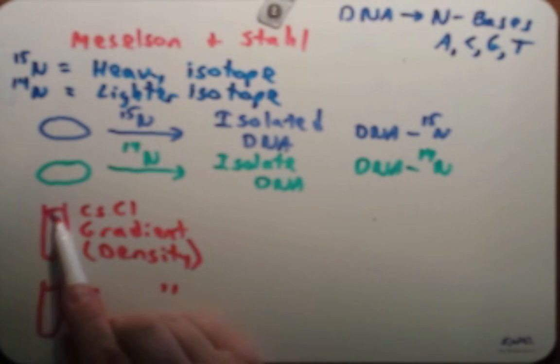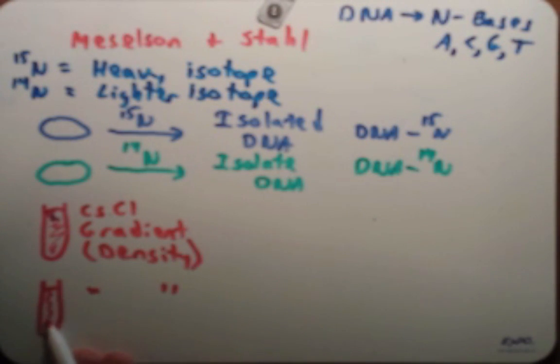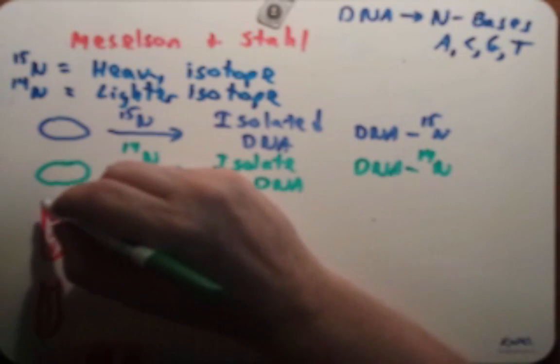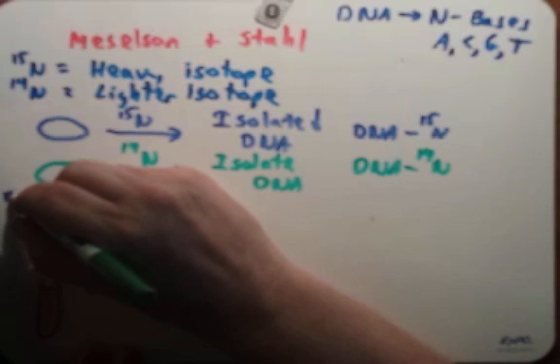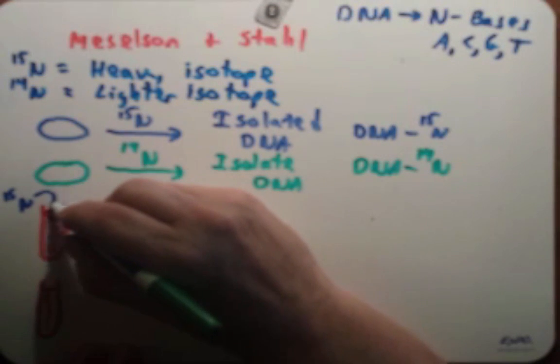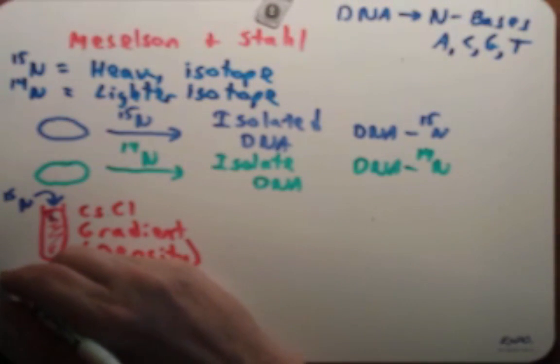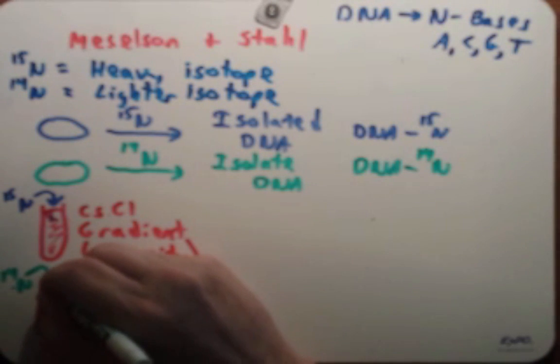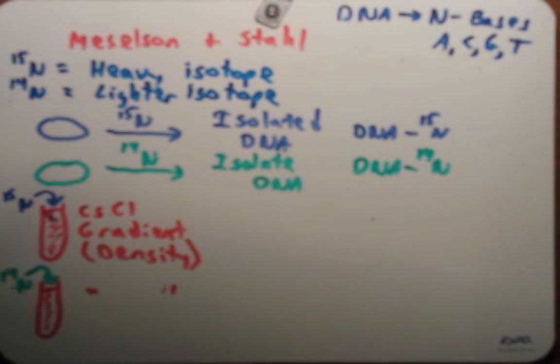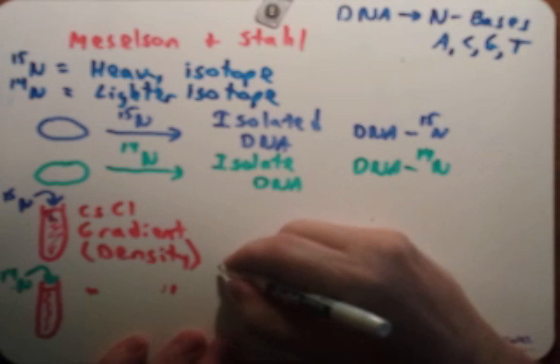Cesium chloride is just a salt. And if we applied our heavy DNA, the DNA made with the N15, on this gradient, and then we took the lighter DNA, the N14 DNA, and applied it to the gradient, and put these tubes in an ultracentrifuge.